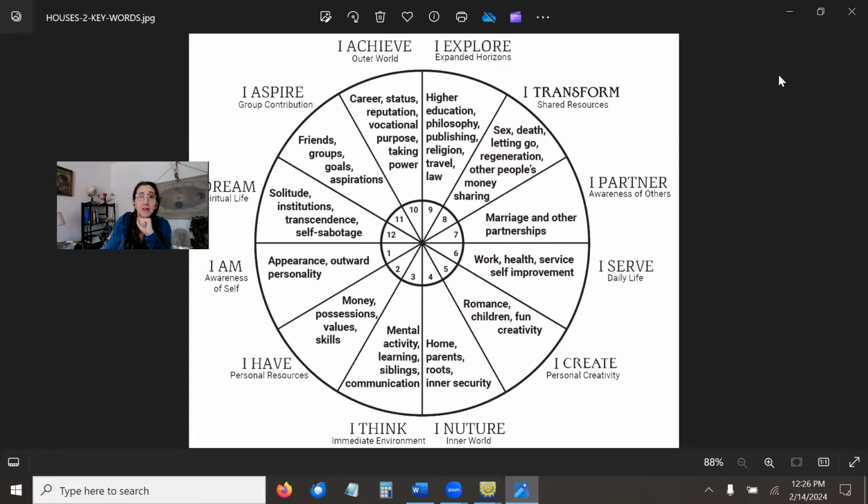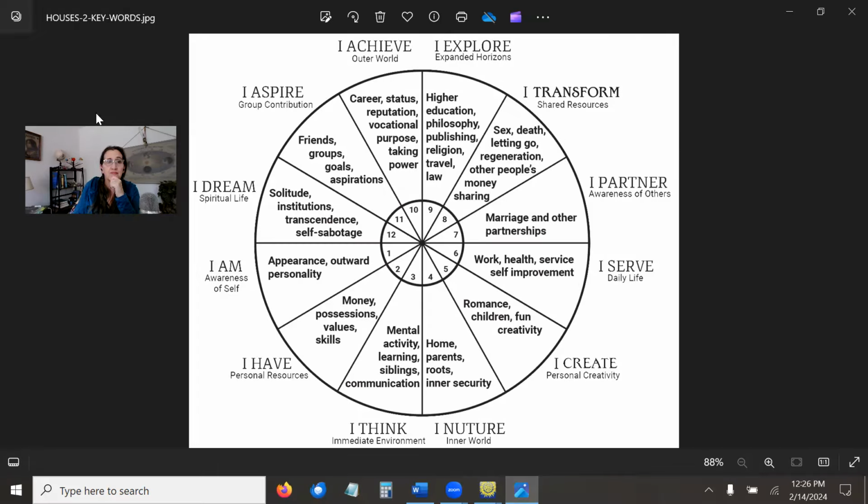So here's that chart one last time. First house, our appearance, our self-awareness, the outer personality, how people see us. The second house, our money, our values, our possessions. Third house is that thinking, learning, community. Fourth house, home, parents, our roots, our inner security, the psychological history that we have.